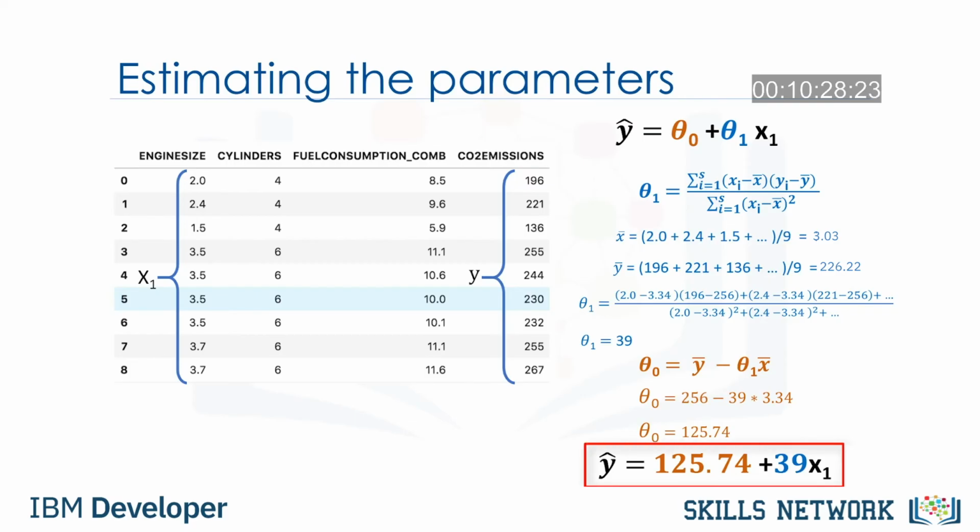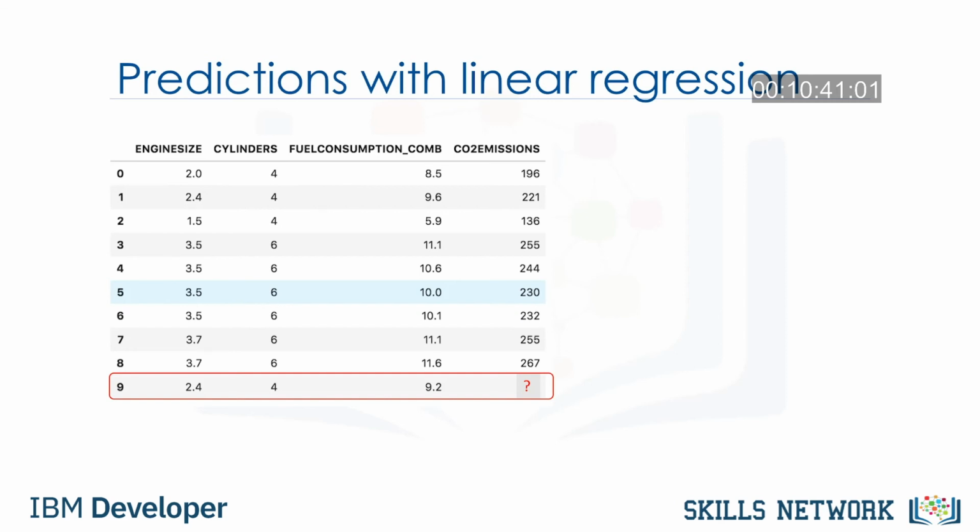So, we know how to find the best fit for our data and its equation. Now the question is, how can we use it to predict the emission of a new car based on its engine size? After we found the parameters of the linear equation, making predictions is as simple as solving the equation for a specific set of inputs.